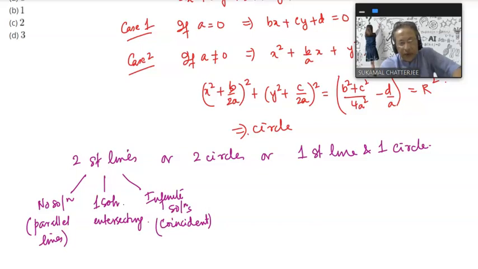If there are two circles, then there are two possibilities. They are coincident, which means infinite solutions, or they can be intersecting, which means two solutions.